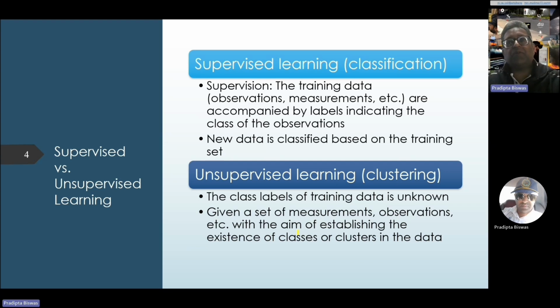And we try to fit a model where we can minimize that error. But we know what we want to get. In unsupervised learning or clustering, the class labels of the data are of course unknown. So we have the data, and based on the distance metric among the data, we try to segregate the data. And the distance is measured based on a set of features of the data.